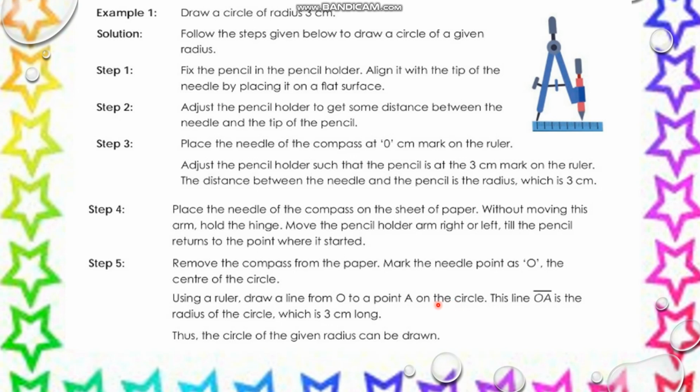On the edge you can mark any point and name it. That line OA is the radius of the circle, the distance from the center to the edge of a circle. Got it, children? And that length will be 3 centimeter. If that is correct, then your circle with the given radius is ready.